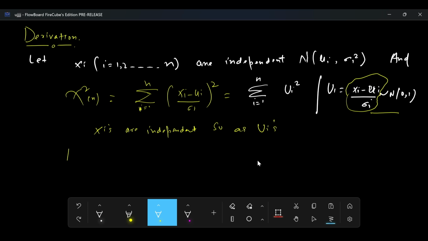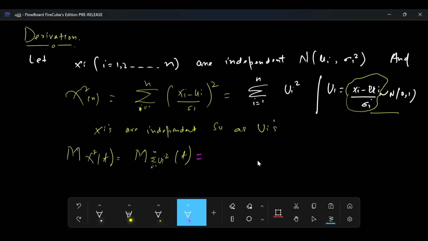Now what's the MGF of chi-square? Let us suppose this is the MGF of chi-square. Can I write this as m of summation of ui square, t, i is equal to 1 to n? Or can I write this as product of m ui square t, i is equal to 1 to n?